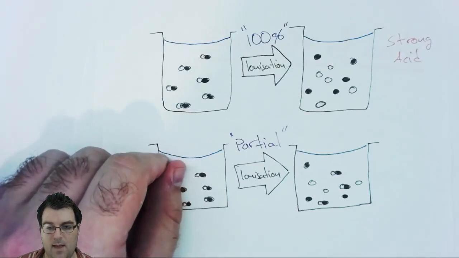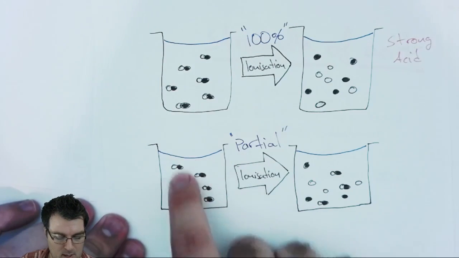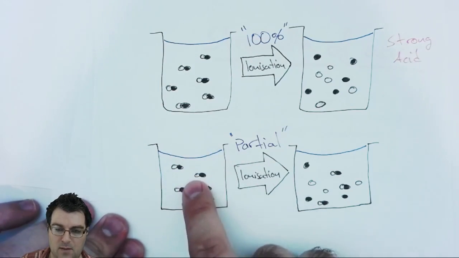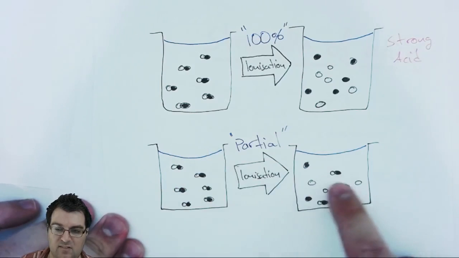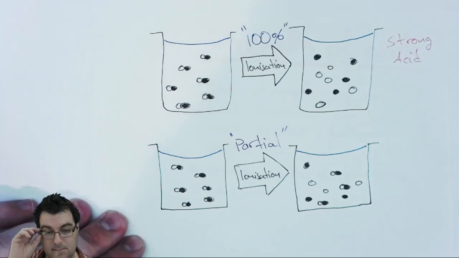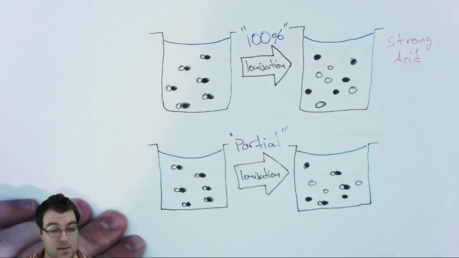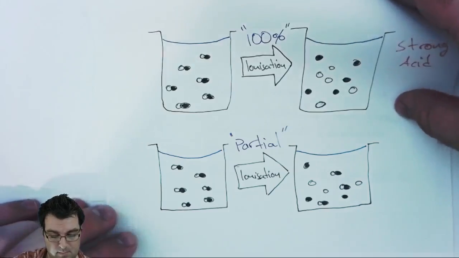But when we have a weak acid, where we have partial ionization, only some of these particles are reacting to form hydronium ions and other spectators. So be mindful that you need to be aware of strong and weak acids, and take note when doing acid and base problems if you're dealing with a strong or a weak acid.